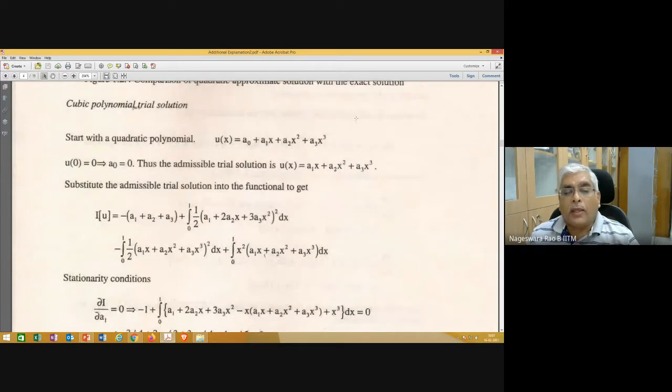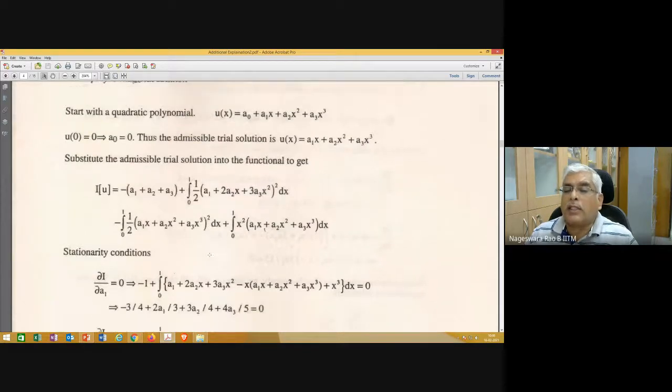The cubic polynomial trial solution is a0 plus a1x plus a2x squared plus a3x cubed, and you make it admissible by substituting the essential boundary condition. Then this is the equivalent functional.